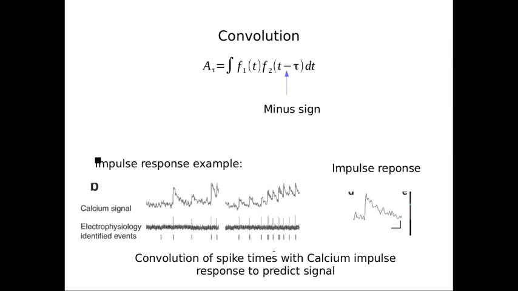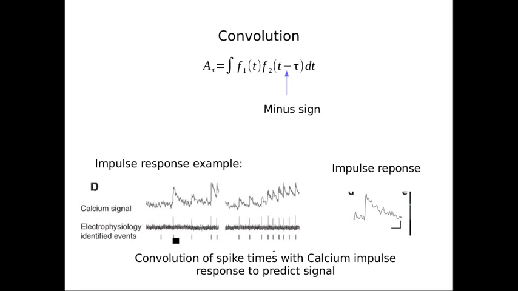So here's an example where this might be applied. This is an impulse response for a calcium signal. You can see it's not just at one time. It rises and then it persists over a certain time. And here is calcium signal recorded from cells and identified events, I guess spikes, that are recorded using electrophysiology at the same time.